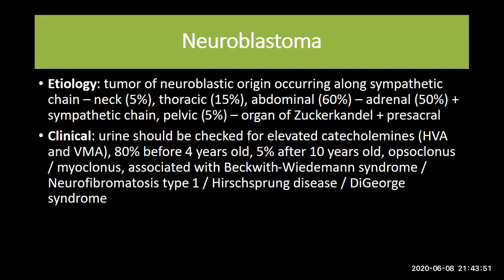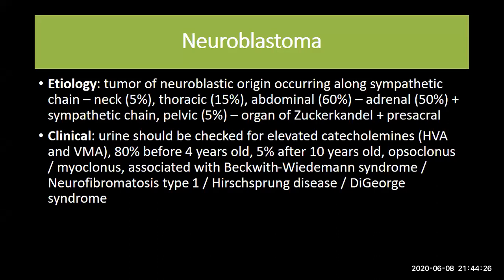In the neck about 5%, thoracic 15%, abdomen 16%, pelvic 5%, and in the organ of Zuckerkandl and the presacral region about 10%, as I remember. Clinically, catecholamines and VMA are elevated, and less than 80% of patients are less than 4 years old.